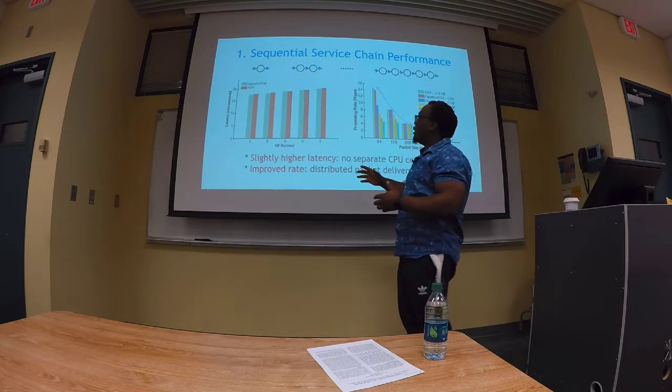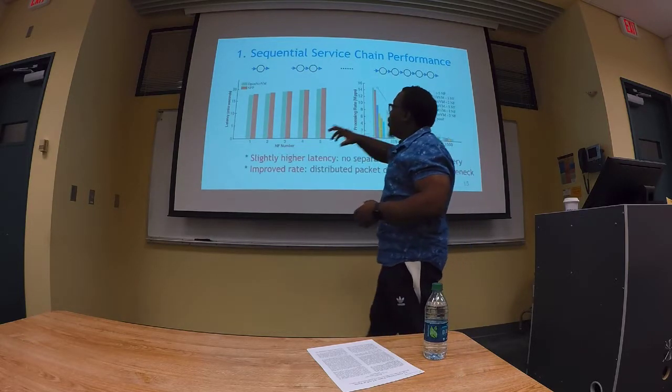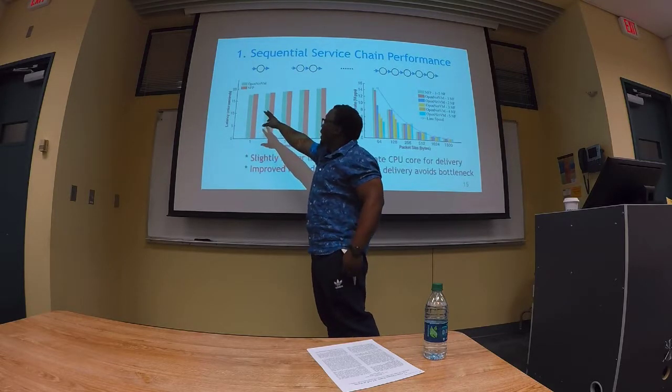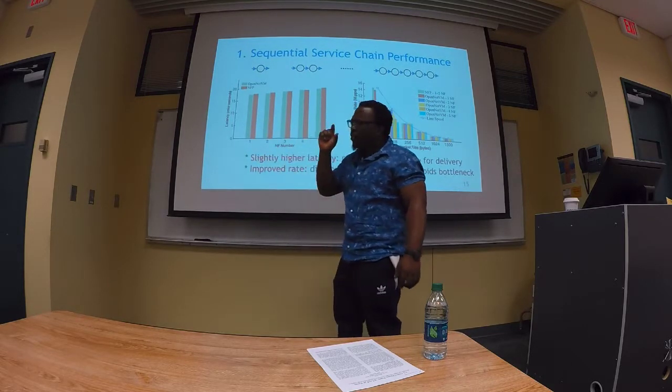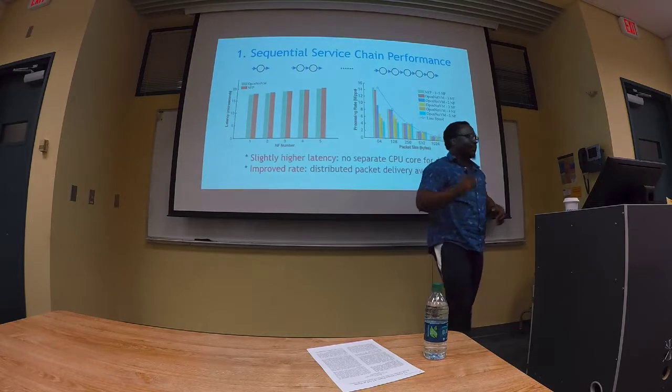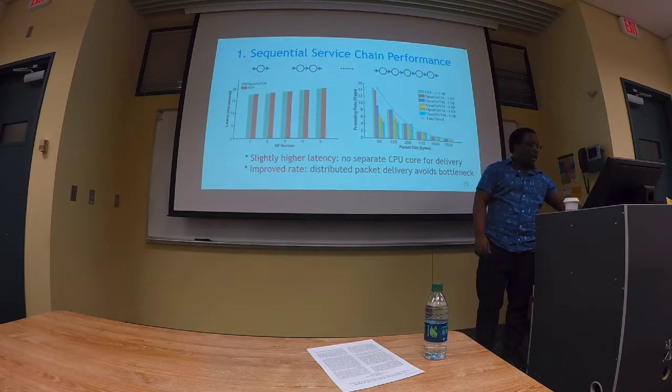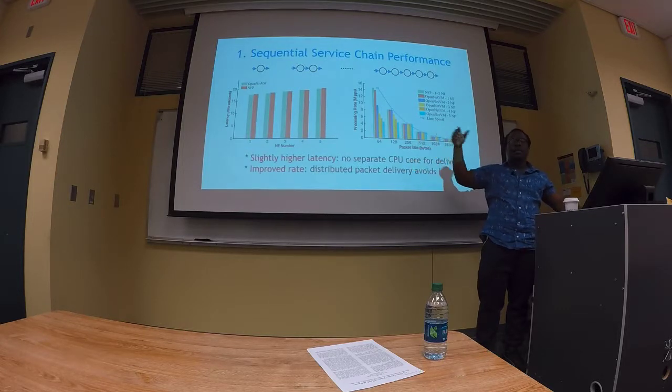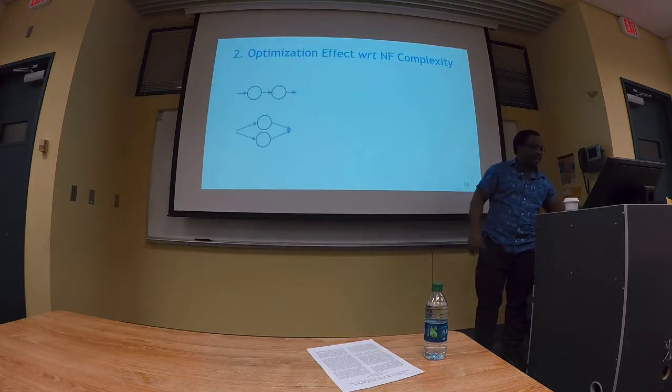Along the line over here, this shows latency, and we can see that NFP incurred a little bit more latency than OpenNetVM. That's only because of the processor. They are also using a run to completion model. I can't remember, so I'm just going to let that slide.